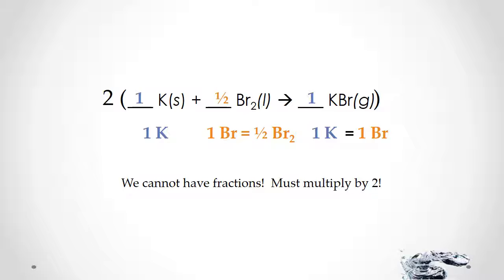So when I take 2 times 1 for the potassium, I'm going to get 2. When I take 1 half times 2, I'm going to get 1 for the Br2. And that means that I'm going to get 2 KBr out for my product. And that's how you can go through and balance these equations in order to get a handle on making sure that you're balancing them correctly.